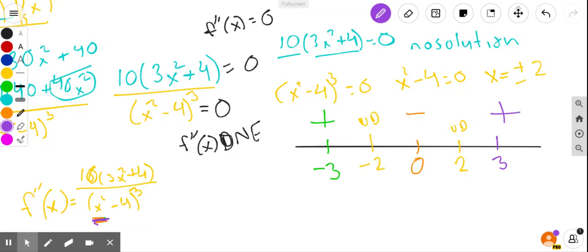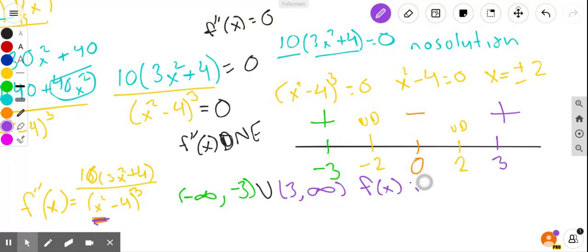So now I'm ready to figure out the intervals. And here's how it goes. From negative infinity all the way to negative 3, or from 3 to positive infinity, f of x is concave up.